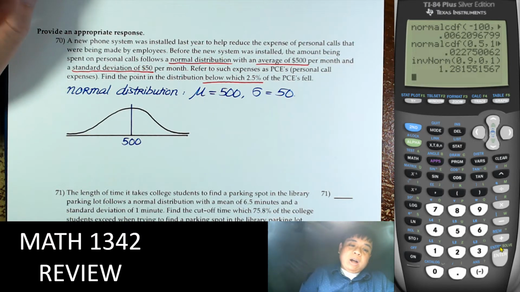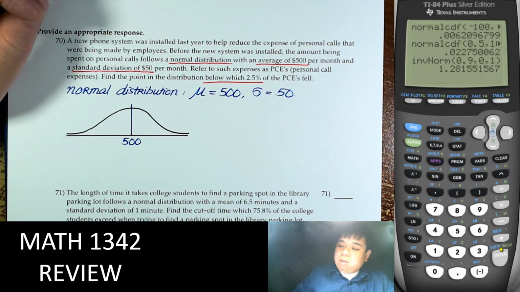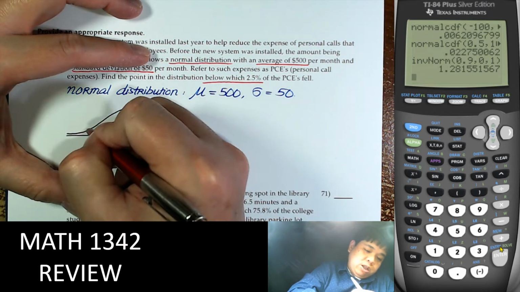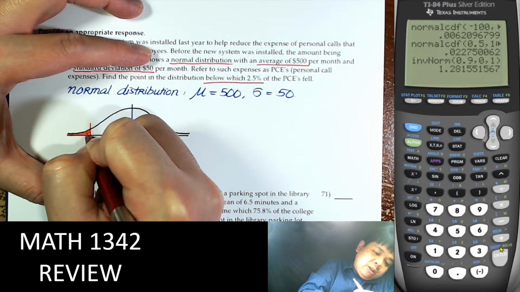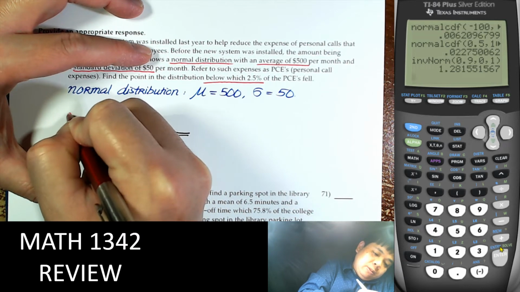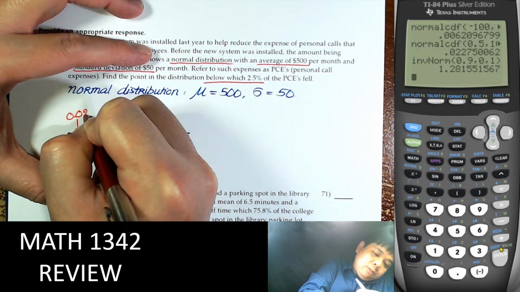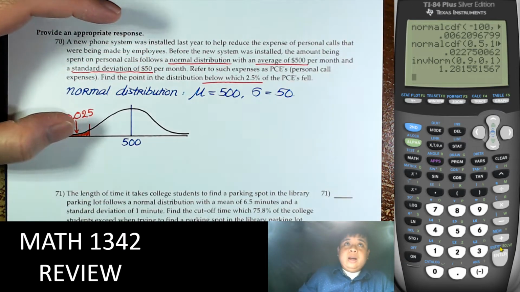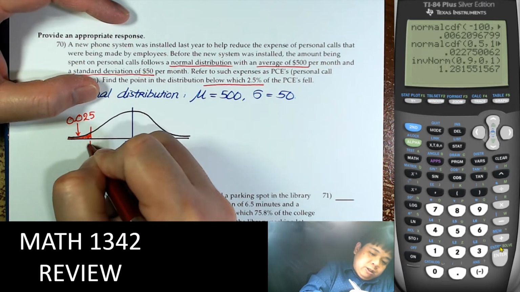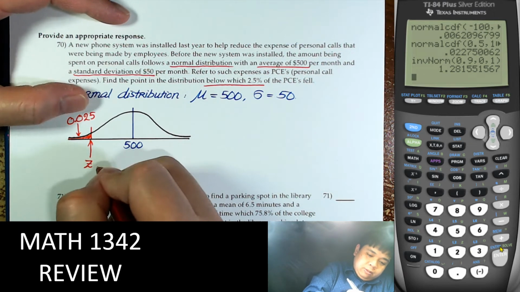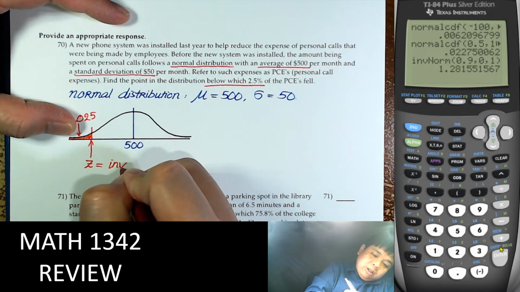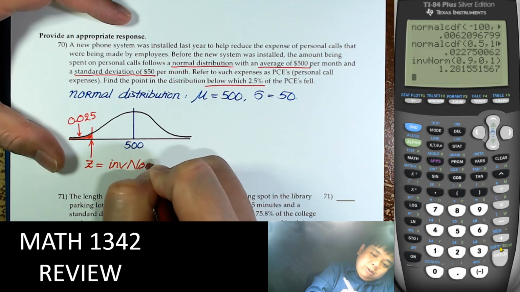And this time we want below 2.5%. So this is only the bottom 2.5%. We are asked to find the values. Once again, this is inverse normal if we want to find the values.